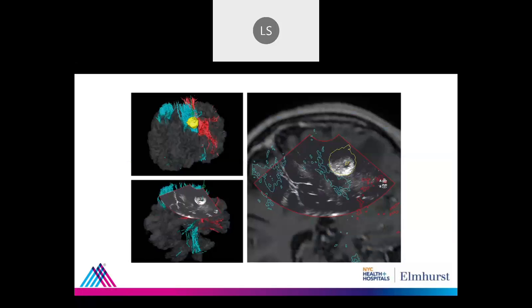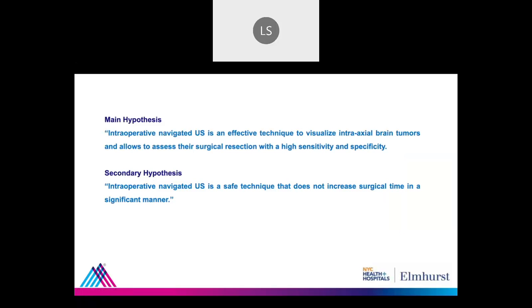And you can see here how it looks on the intra-op picture, the difference between the MRI and the ultrasound superimposed. This is the 3D segmented tumor. This is the corticospinal tract, the red one is the arcuate tract, and the red and the yellow is the tumor.